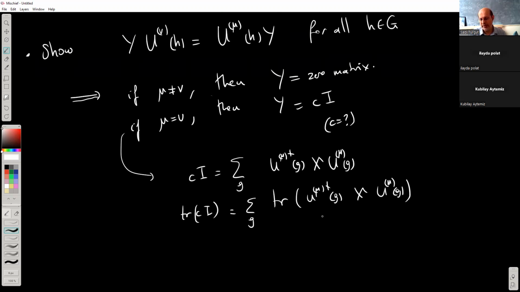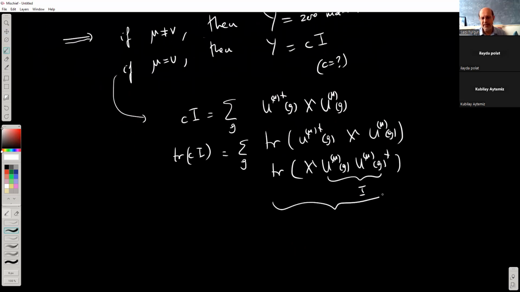Later, I'm going to show this property of the trace, the cyclic property. I can move this matrix to the end of the expression, so I can write this as x times u mu of g multiplied with u mu dagger g. That's the same thing as the trace of this one, but this is equal to identity.